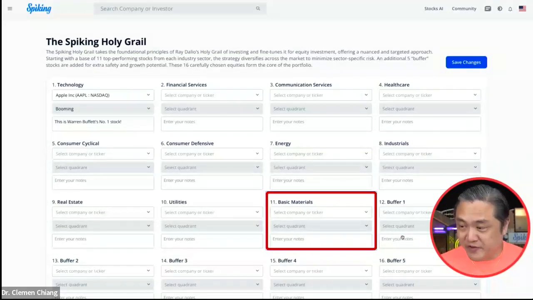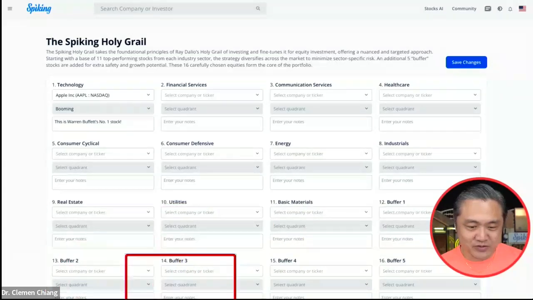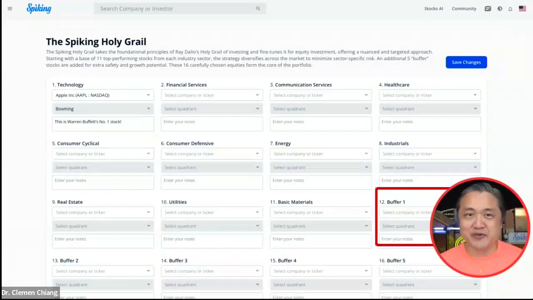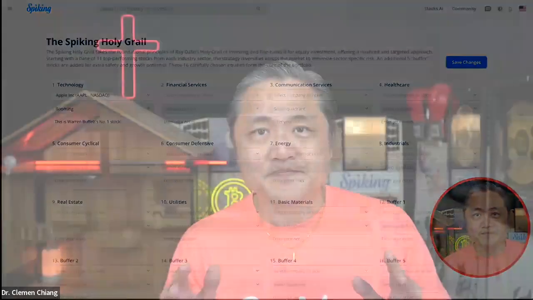Then we come up with an additional 5 more, what we call the buffer stocks. Look right over here: buffer 1, 2, 3, 4, 5. So 11 plus 5 equals 16. That's how we have 16 stocks in the portfolio of the Spiking Holy Grail. Now the buffer, let me explain, means that stock can come from any sector.